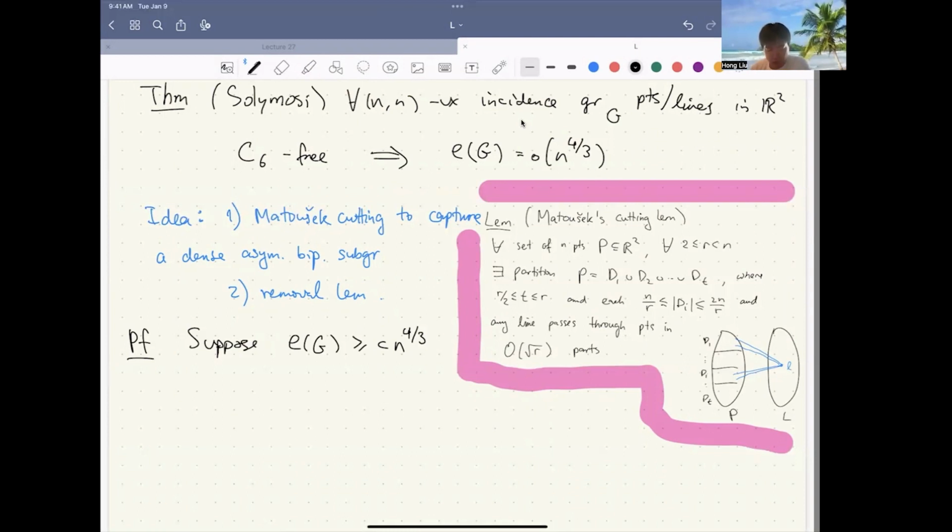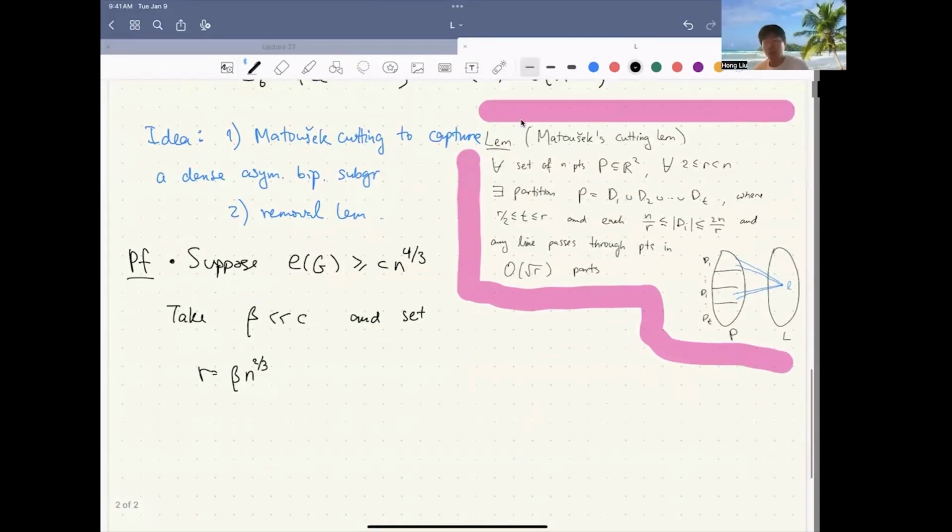Okay. Now what we're going to do, let's take a parameter beta, which is much smaller than c, and we set this parameter r, which is roughly, up to a constant factor of 2, the number of parts we want to cut P into. So we set r to be beta n to the 2/3. We will cut it into n to the 2/3 parts, each part of size roughly n to the 1/3.